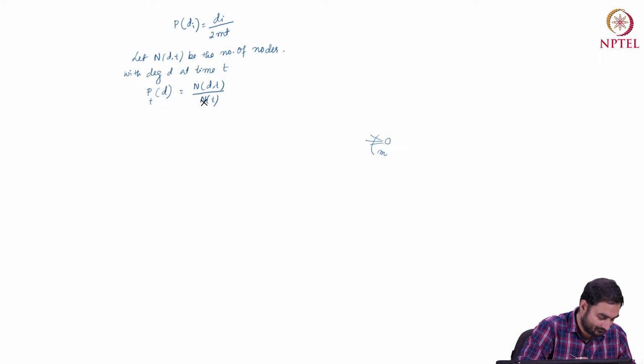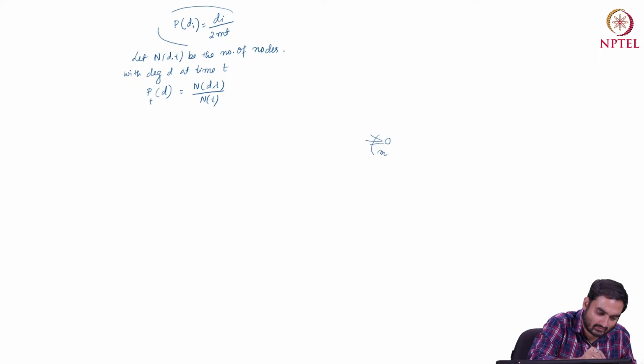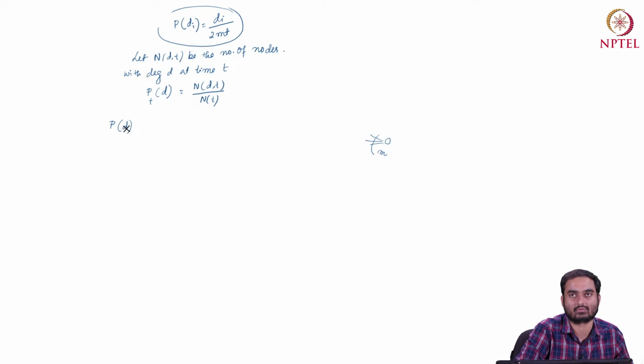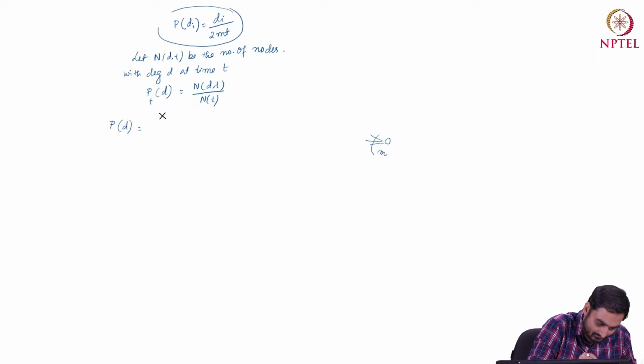Okay. So in the continuum approach we used this equation, right? Can we write the same thing in a different way? Can we write the probability of a degree d in this way?